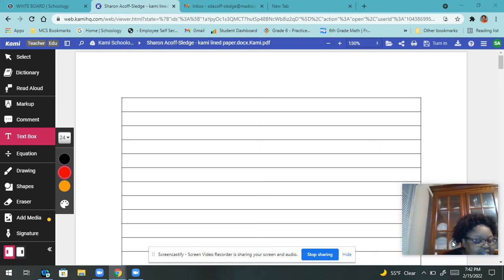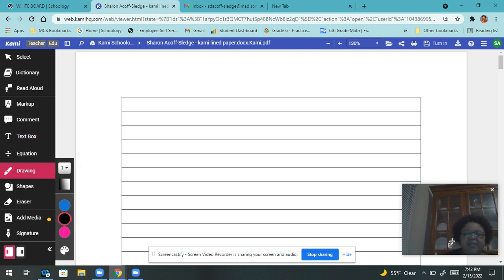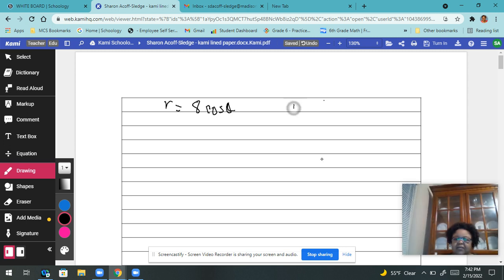So number 16, r equals 8 cosine theta. Now you remember from our polar coordinate formula that r squared is equal to x squared plus y squared.